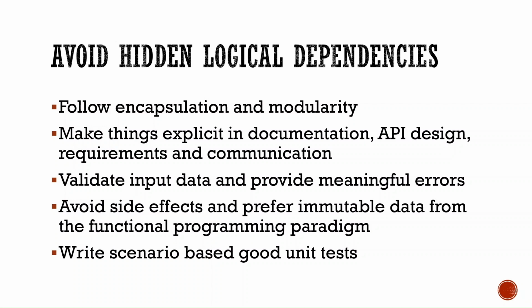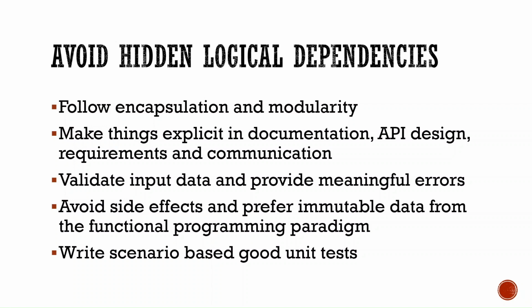Validate and sanitize input data to ensure that it meets the expected criteria. Provide meaningful error messages or feedback to users when input conditions are not met. If possible, prefer immutable data and functional programming principles. This will reduce hidden dependencies by avoiding state mutation and side effects. A function that always produces the same output given the same input helps eliminate hidden dependencies caused by mutable state.